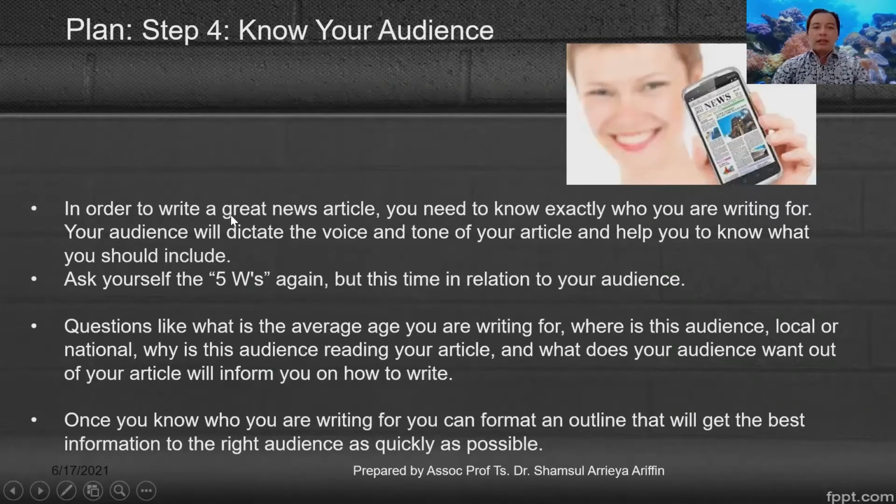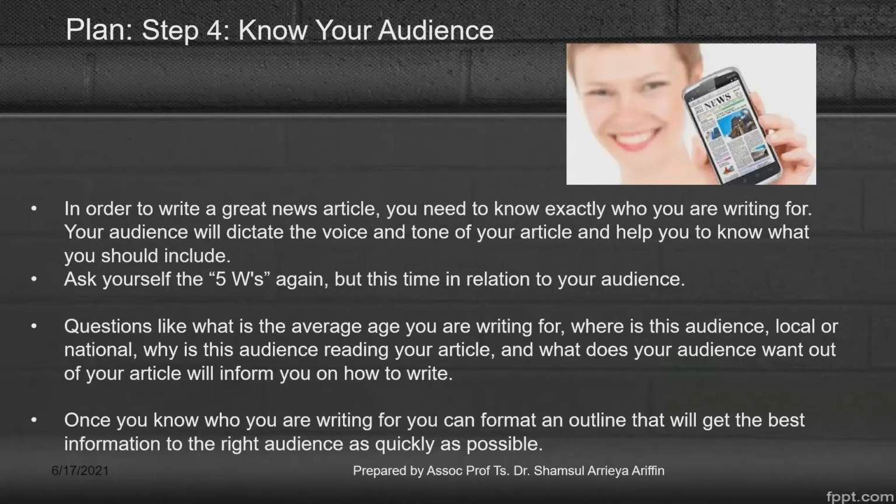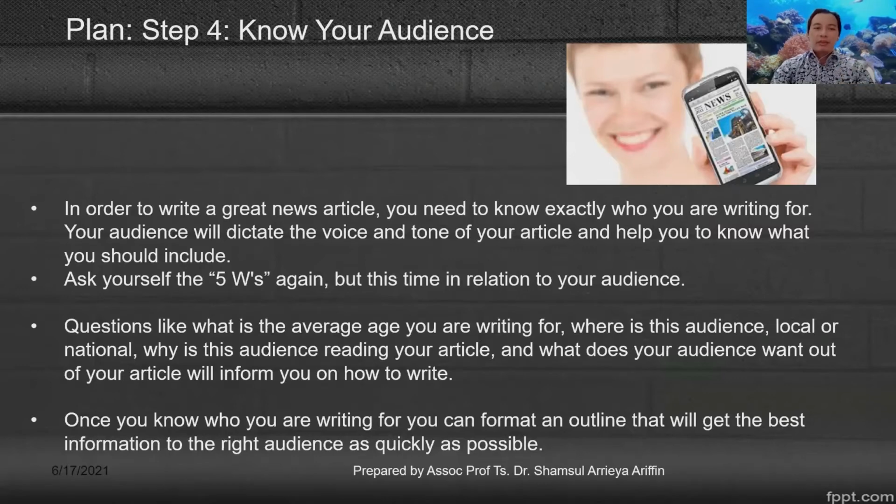In order to write great news, you need to know exactly who you are writing for. Your audience will dictate the voice and tone of your article and help you know what you should include. Ask yourself the 5 W's again, but this time in relation to your audience. Just now you wrote the 5 W's at an earlier stage, where you needed to know the structure of the article. Now you need to use the 5 W's again, but this time relating to your audience.